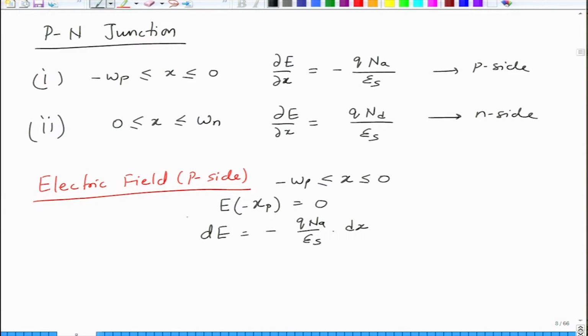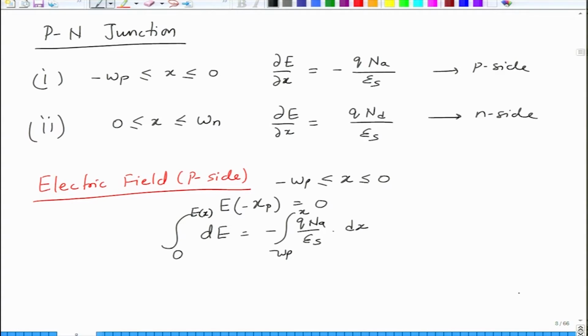Now, we need to integrate this. We integrate this from 0 to E(x), and this is integrated from minus Wp to x. So, this is within the depletion region, right.